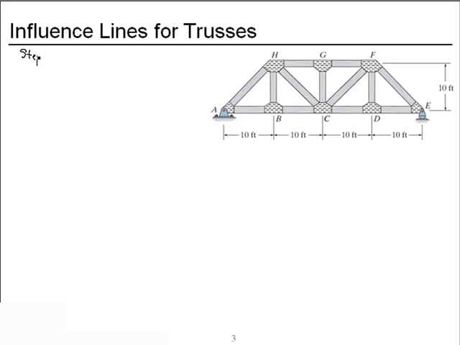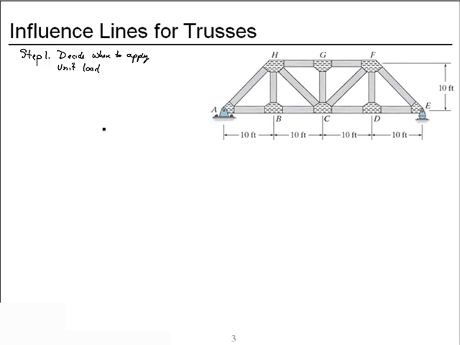Step 1. Decide where to apply the unit load. Now the key is to make sure we apply it in enough places to generate sufficient information to construct our influence line. If we look at more points than we need, it's additional information and it takes us a little bit longer, but it won't hurt.